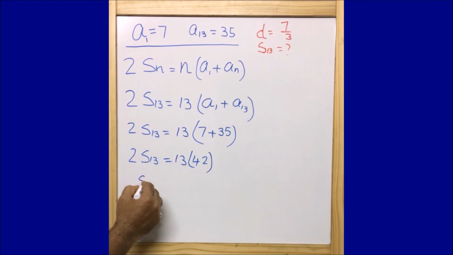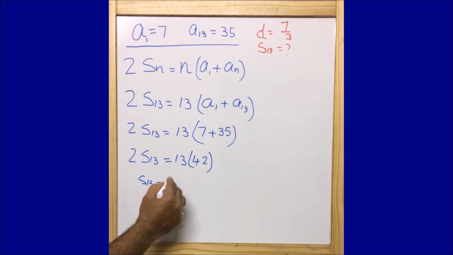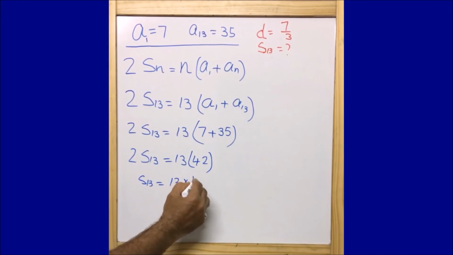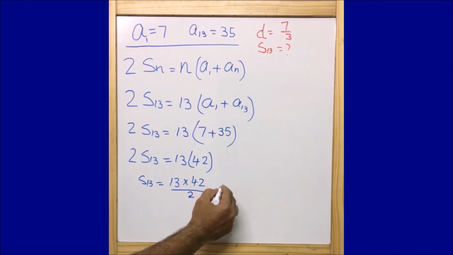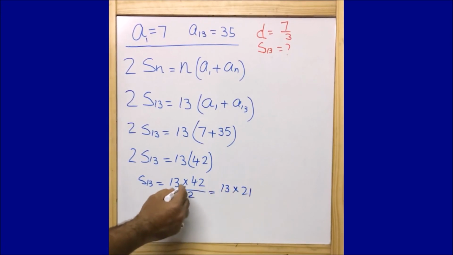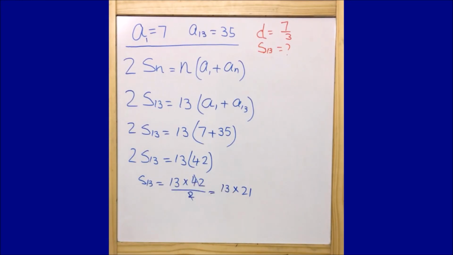Or I can write S13 is equal to 13 into 42 by 2, just bringing this 2 to the right side. So I can write this as 13 into 21, because 42 cancels with the 2.